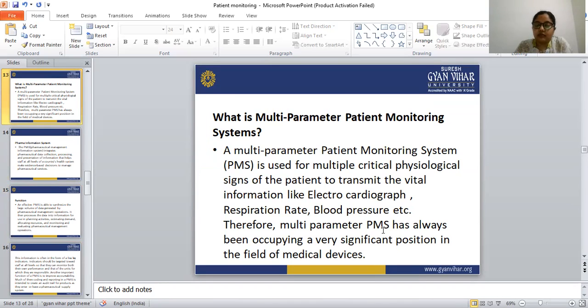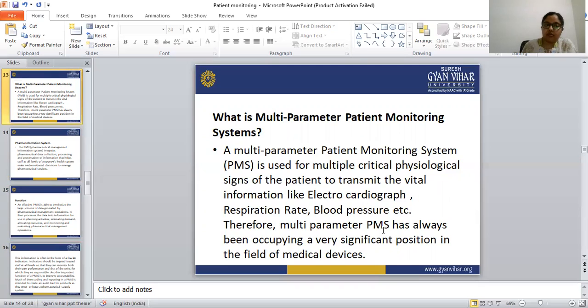But in a single parameter machine, we can only measure one parameter. If we are checking blood pressure in the BP machine, we can only check the BP of the patient. The multi-parameter patient monitoring system has always occupied a very significant position in the field of medical devices, and it is very useful in hospitals.